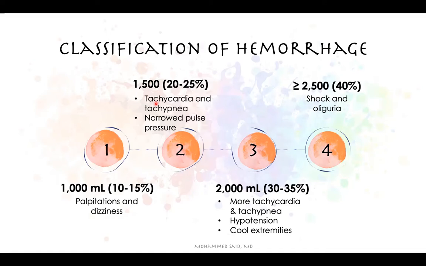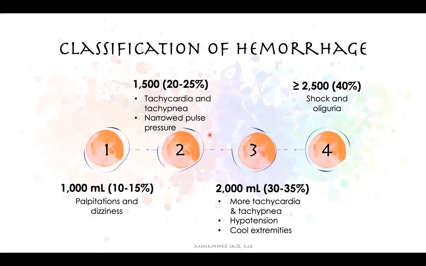The systolic blood pressure basically depends on the stroke volume, which is unchanged. But the diastolic blood pressure is based on the systemic vascular resistance. That's going to increase because, as we said, peripheral vasoconstriction will increase the systemic vascular resistance. So this is going to narrow the pulse pressure.